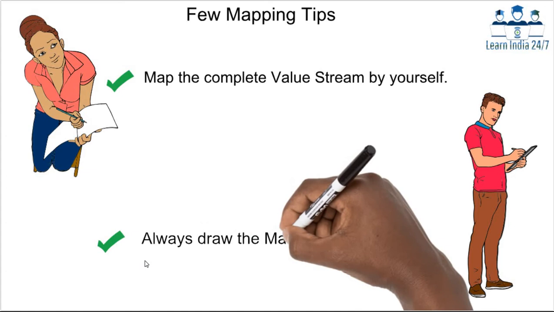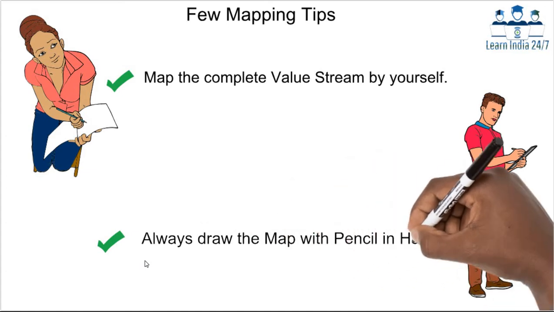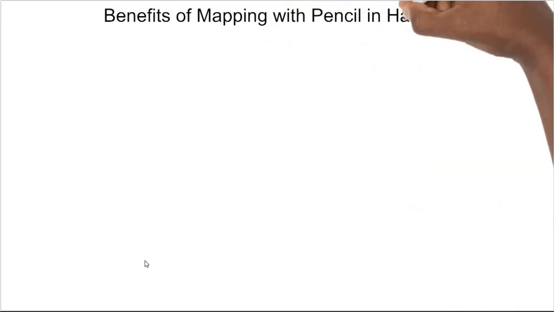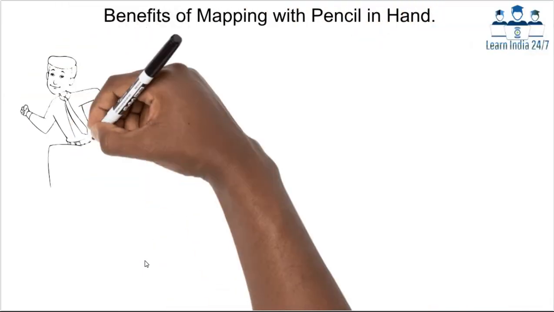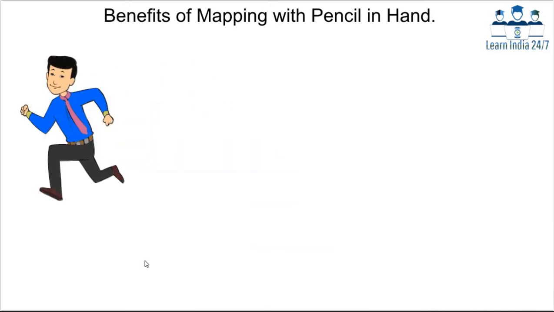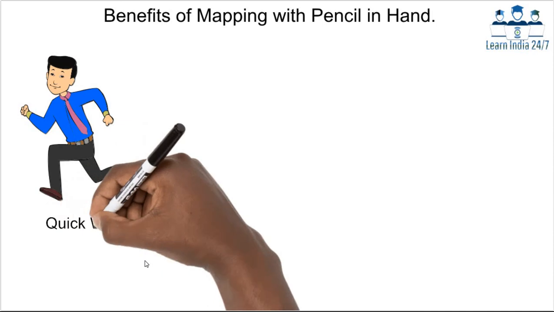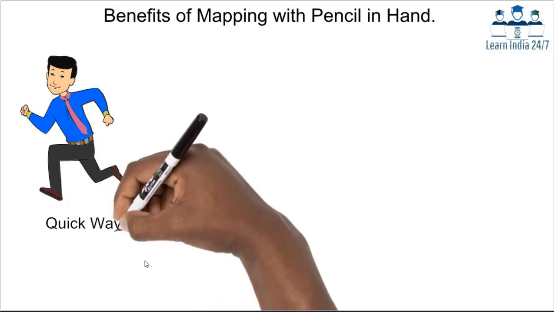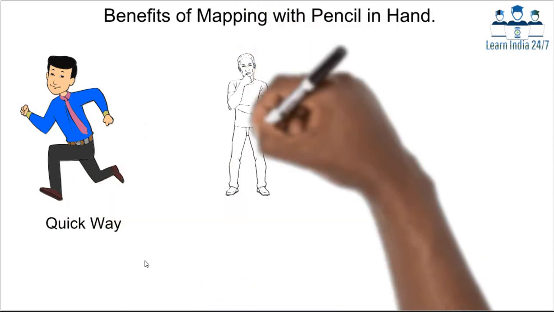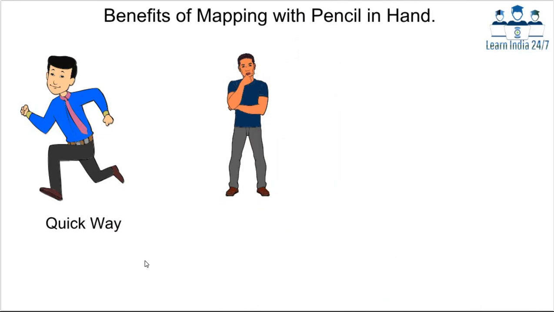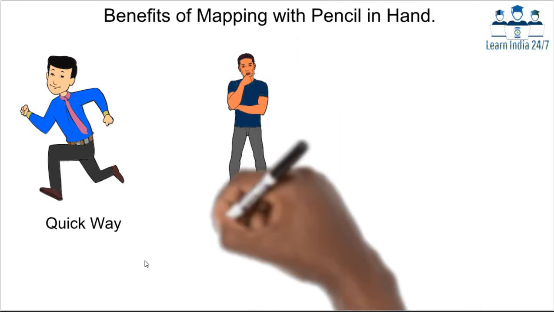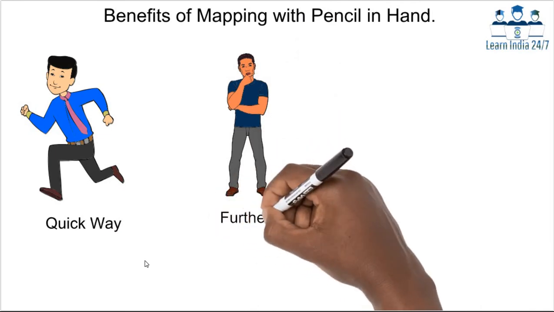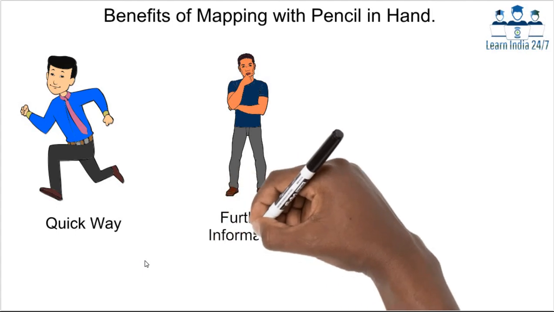Always draw the map with pencil in hand. A few benefits of mapping with pencil in hand are: it is a quick way to map. While you draw the current state map, you can think of further information needed.